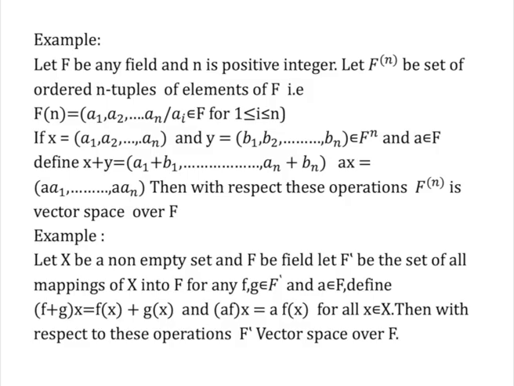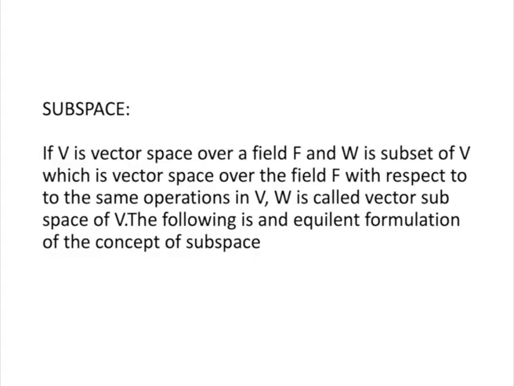Next, subspace. If V is a vector space over a field F and W is a subset of V which is a vector space over the field F with respect to the same operations in V, then W is called a vector subspace of V. The following are equivalent formulations of the concept of subspace.